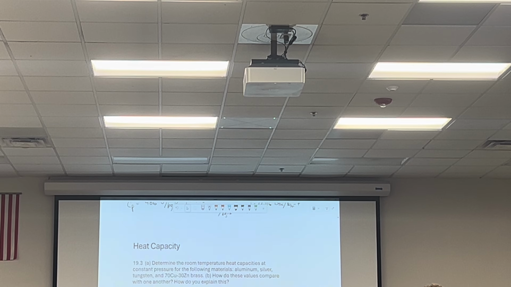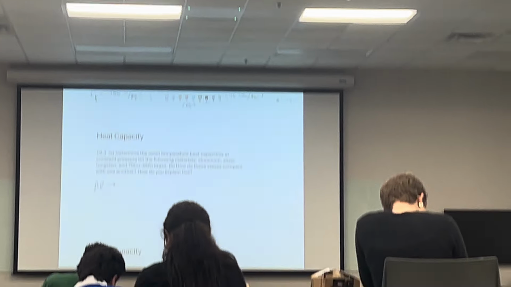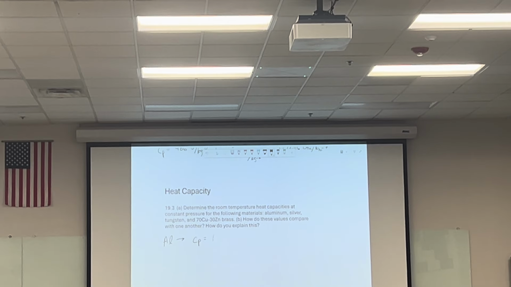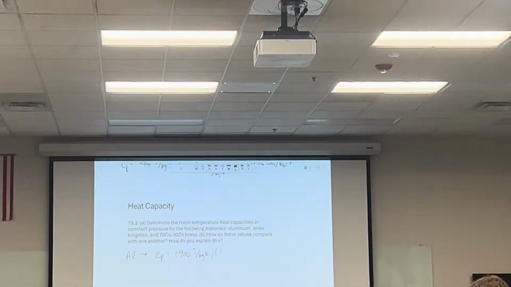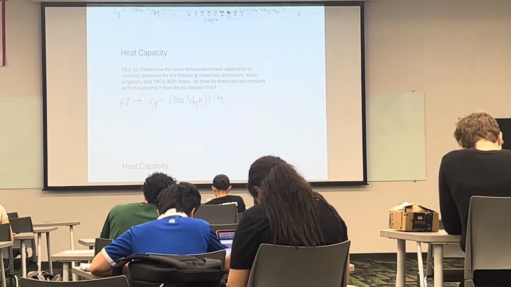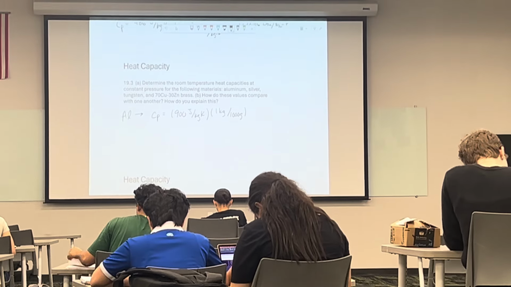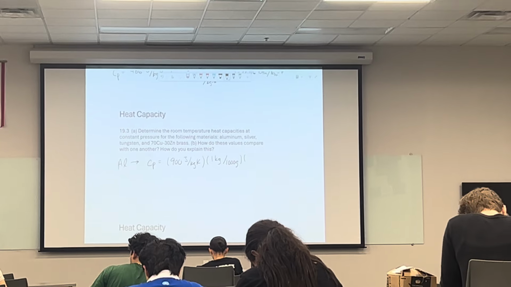So, for example, for aluminum, the CP is multiplied by the conversion factor, 1 kilogram per 1000 grams, multiplied by the atomic weight.